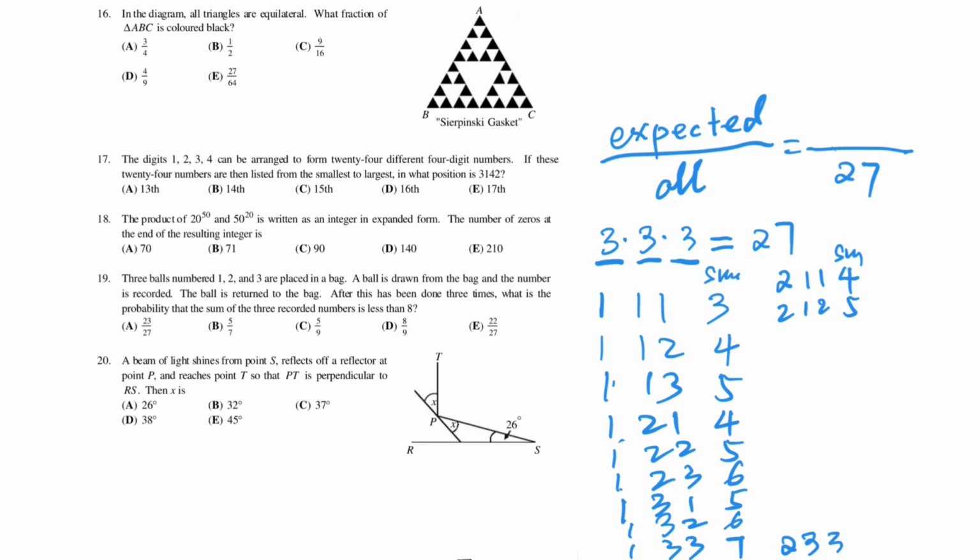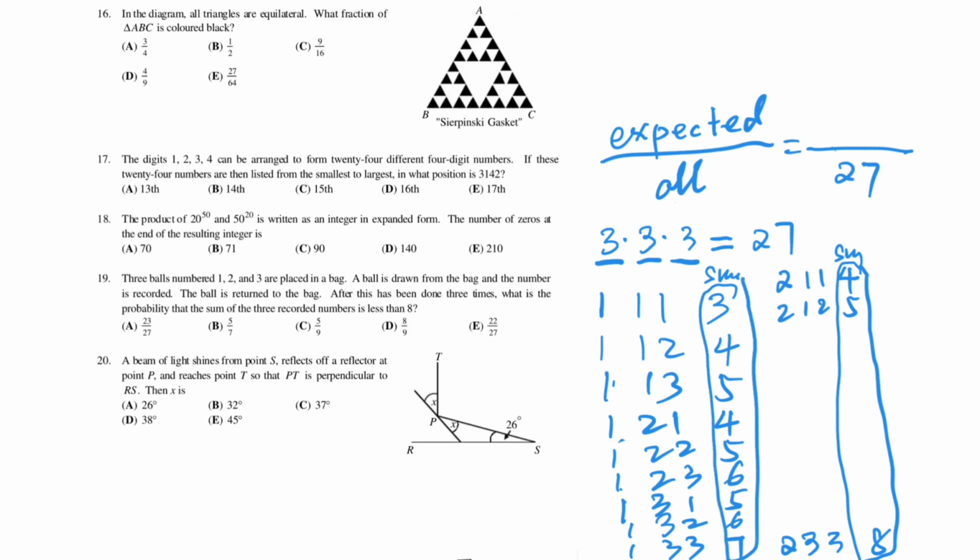So that's 8. So now the sums are between 4 and 8. Starting with 3, it is between 5 and 9. Smallest is 3, 1, 1, that's 5. The largest is 3, 3, 3, that's 9.